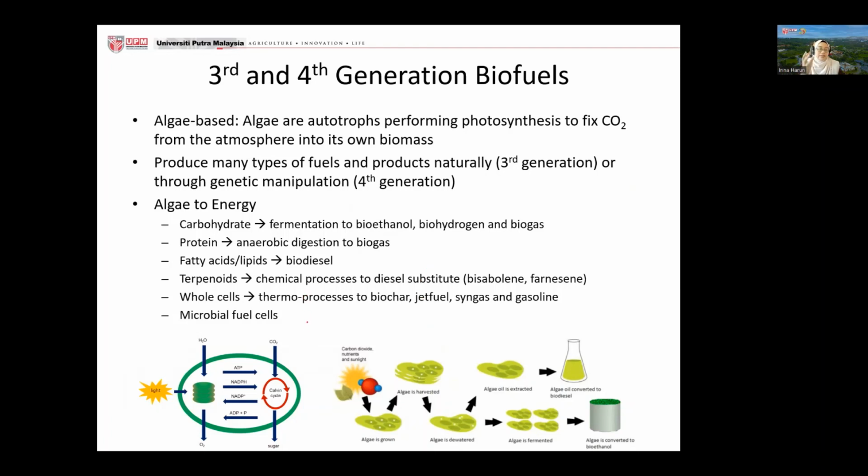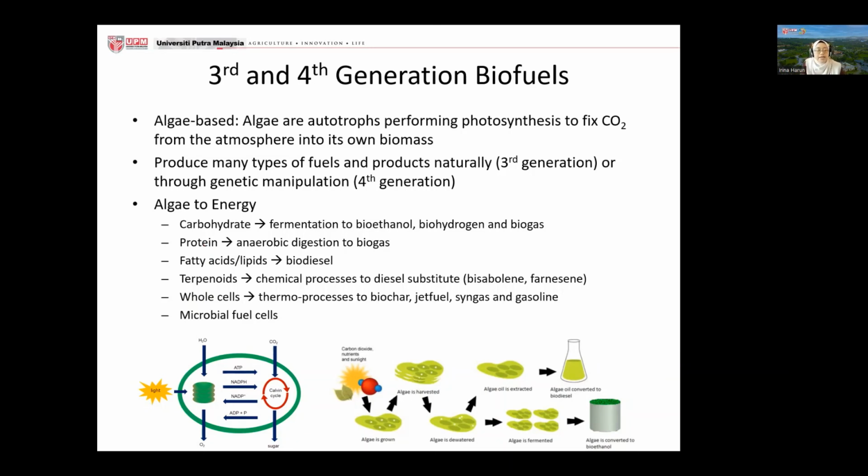And the best thing about algae is that within its biomass, there's a lot of potential. It produces different types of composition, has carbohydrate, protein, fatty acids, lipids, terpenoids, whole cells, and each of these portions can actually be turned into something else.